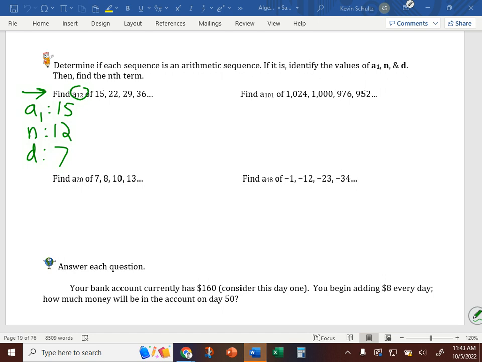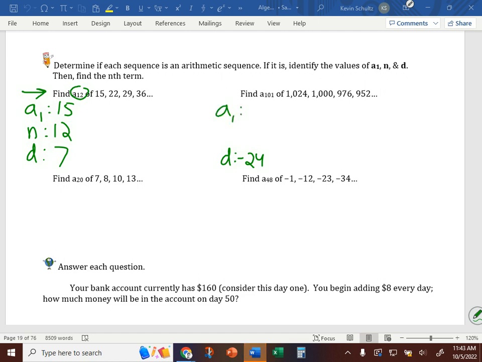The next one, find the 101st term of 1,024, 1,000, 976, 952. Is it arithmetic? Why? Because it goes down by 24. This time it's going to be a negative 24 because we are decreasing. Okay.